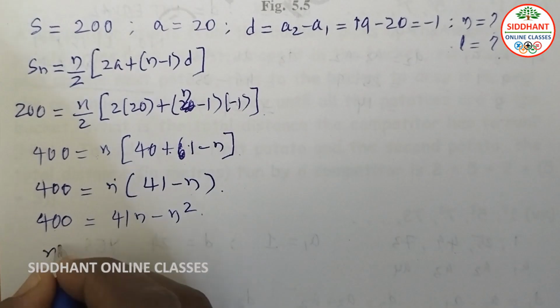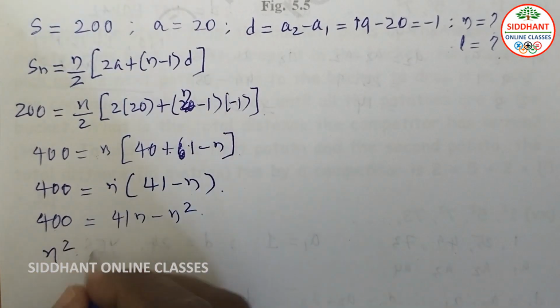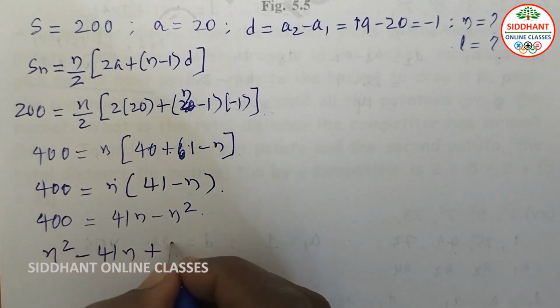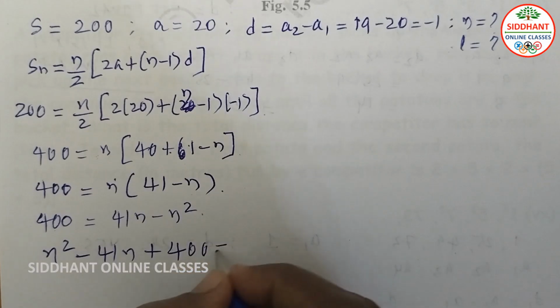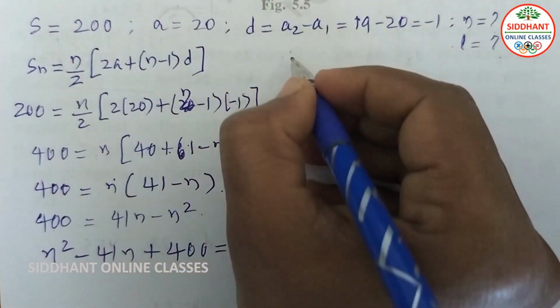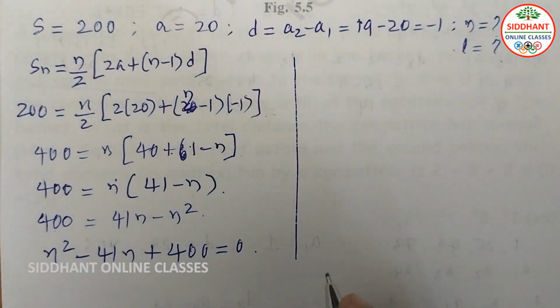So we know n square minus 41n plus 400 equal to 0. So it is a quadratic equation. We are going to find out the factors here.